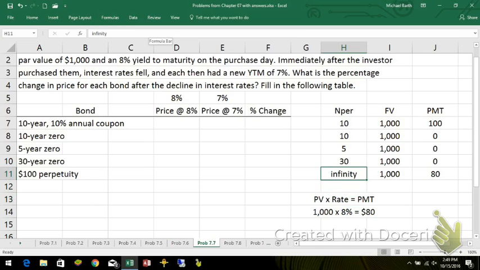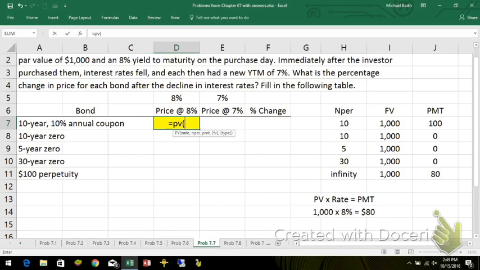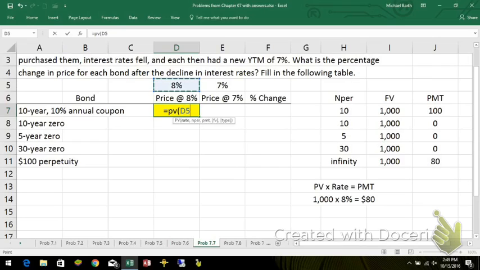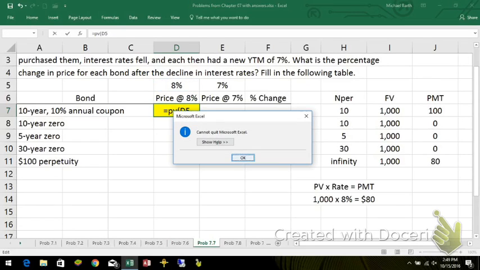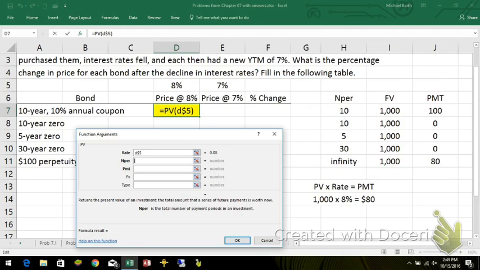Okay, so now we've got these numbers for each of these. If I want to solve for the price on the first bond, present value, the rate, and I'm going to use the dollar sign to lock in row 5, the number of periods, and I'm going to put a dollar sign in front of the H to make sure the column doesn't change when I copy it over.